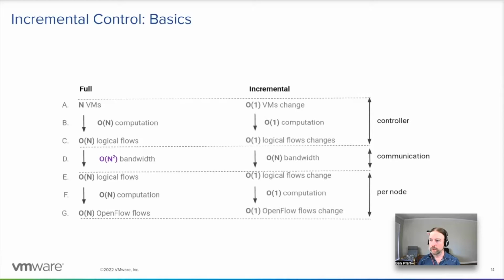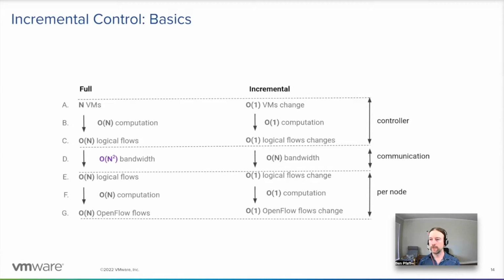But we can also build a system so that it's incremental, so that after your system starts up, each small change trickles down through a proportional amount of computation, which only produces O of n bandwidth on a small change, and only O of 1 computation on each node for a small change. This does take some new assumptions.